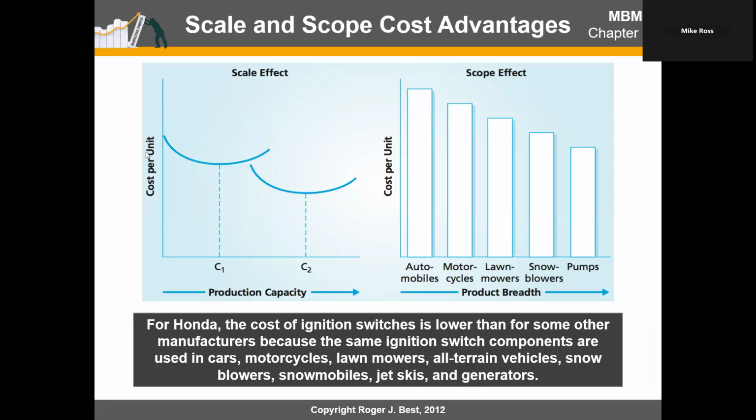So at more of a macro level, we have these cost advantages around scale. The larger the store, the more units I sell, the lower the cost. In a theoretical sense, we know from microeconomics that we want to operate where the slope equals zero, at the minimum of this cost curve.